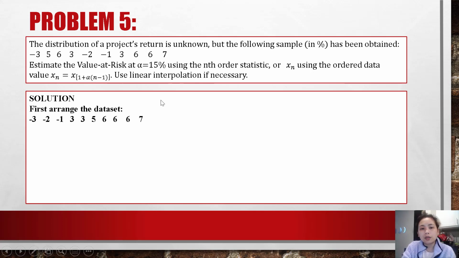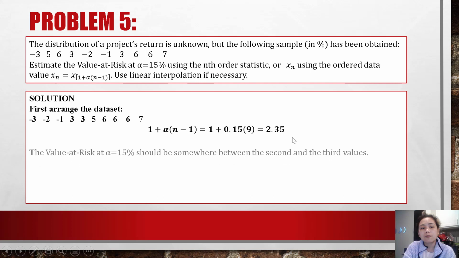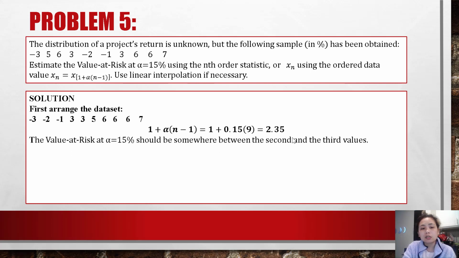Now we need to determine the order of the value at risk at alpha equal to 15%. We get 1 plus alpha times (n minus 1), which is 1 plus 0.15 times 9, and we get 2.35. The value at risk at alpha equal to 15% should be somewhere between the second and the third values.